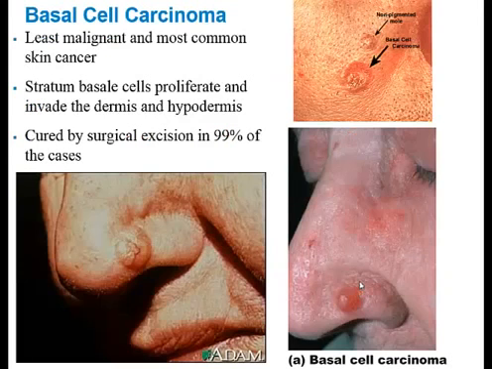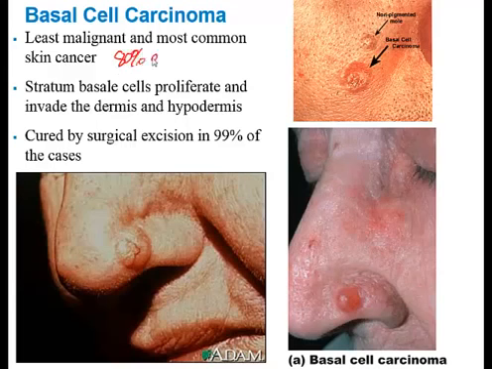So this next slide, I've added some pictures here as well, but one of these pictures is in your textbook of the basal cell carcinoma. And the basal cell carcinoma, as I mentioned previously, is the least malignant and the most common skin cancer. It accounts for up to 80% of the cases.